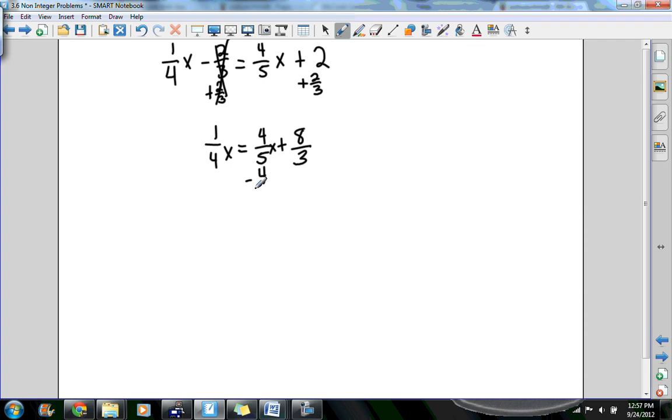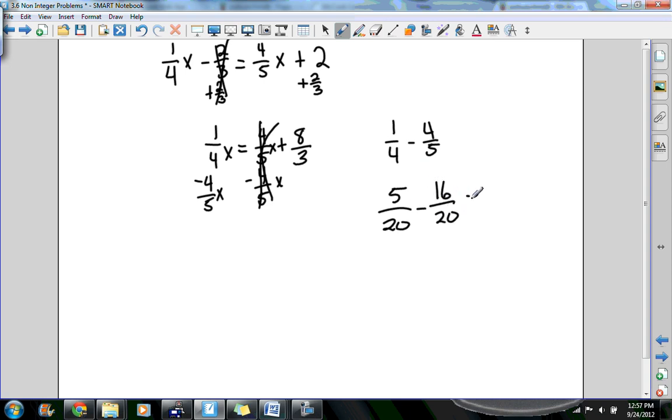Now I'm going to subtract 4/5 x. So I'm going to put 1/4 minus 4/5. Common denominator is 20. So we get negative 11/20.